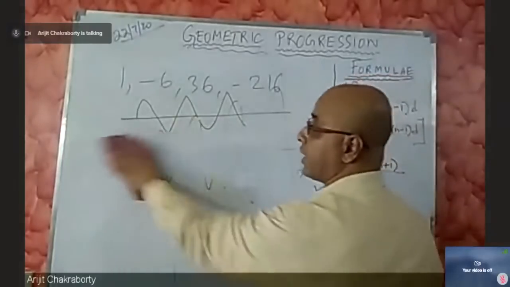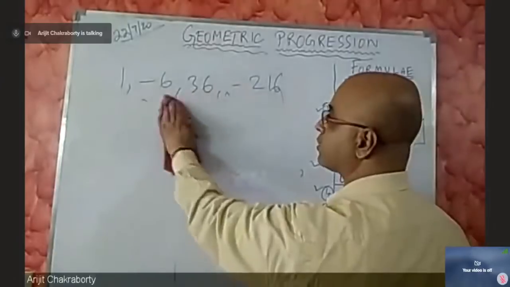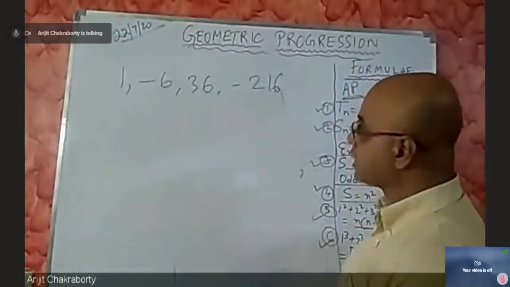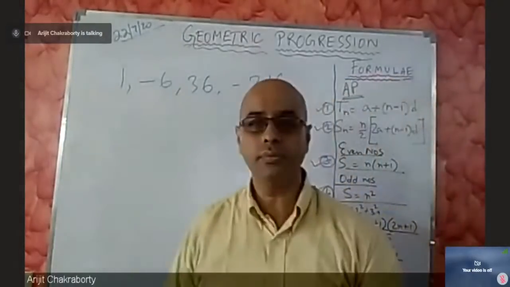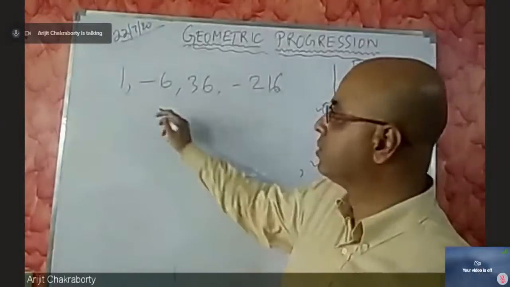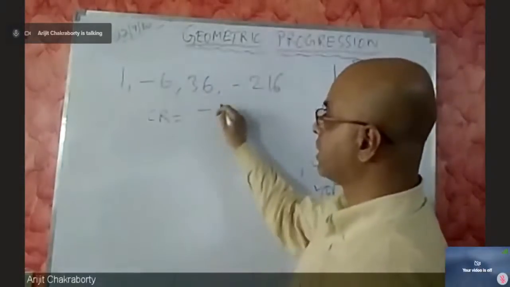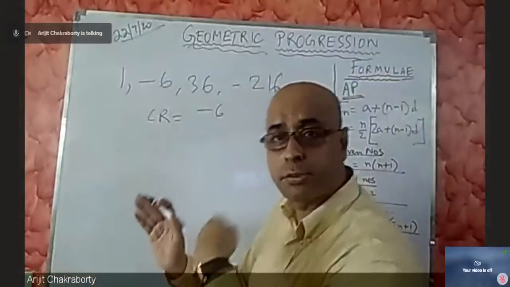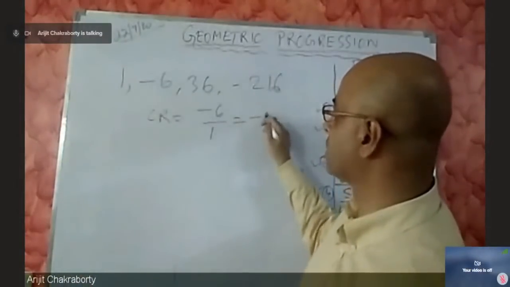Now is it an arithmetic sequence? Please see, is it an arithmetic sequence? The sequence is 1, minus 6, 36, and then I have minus 216. No. Let us see the common ratio. So common ratio is equal to, take any term, I'll take minus 6, and take the preceding term, the term which is just before. Minus 6 by 1 gives you minus 6.